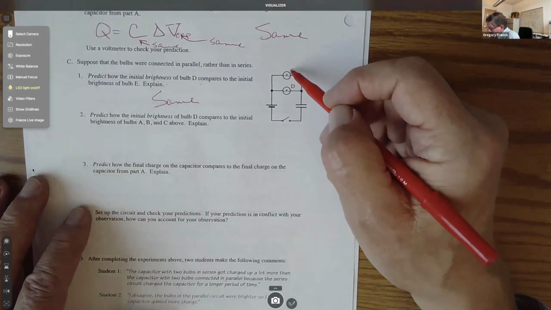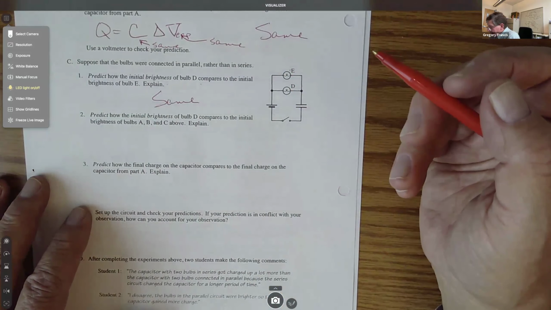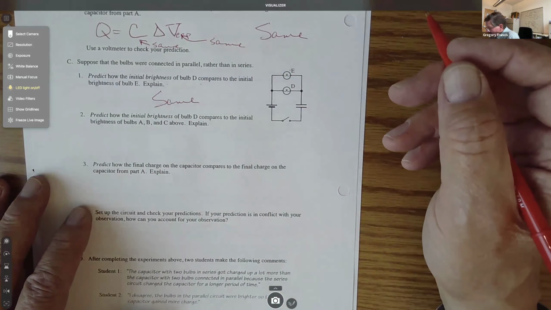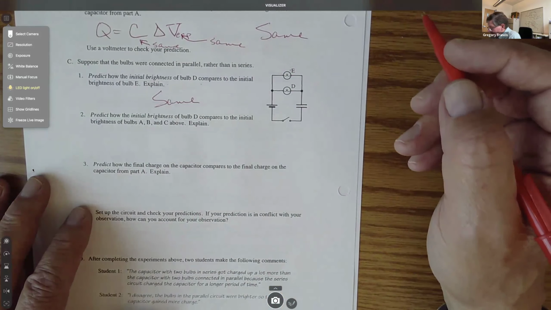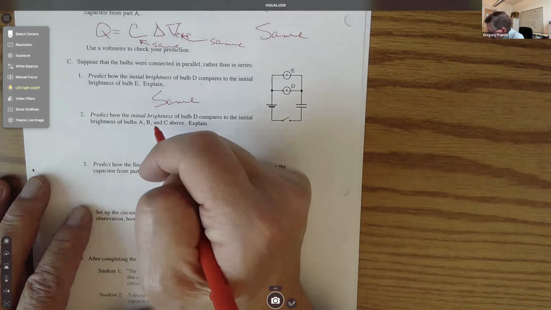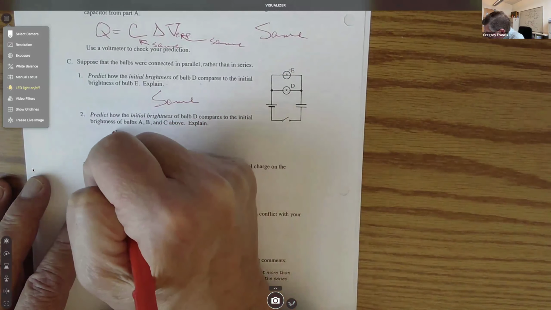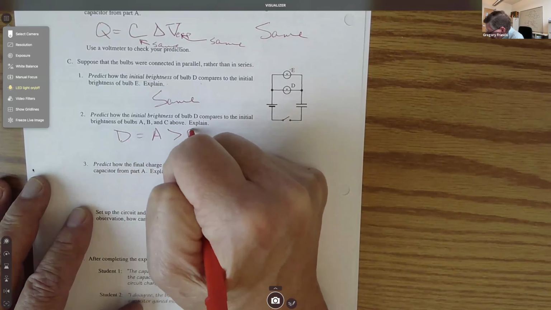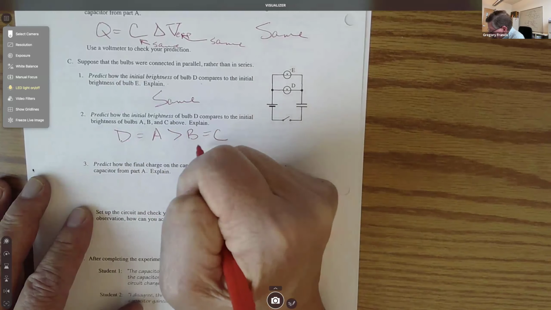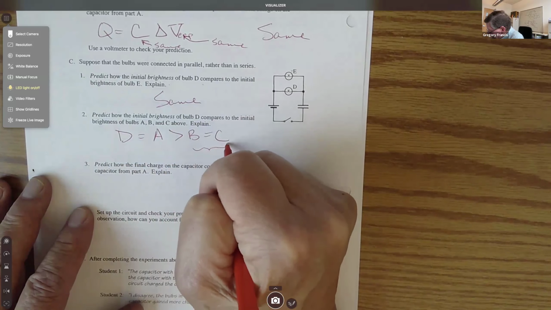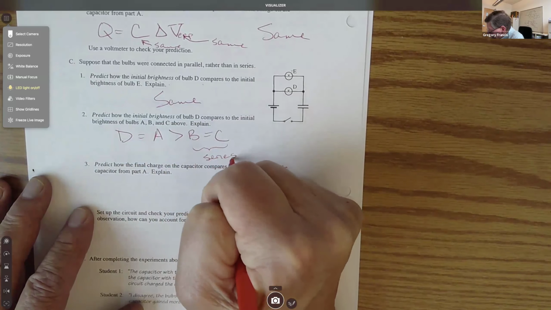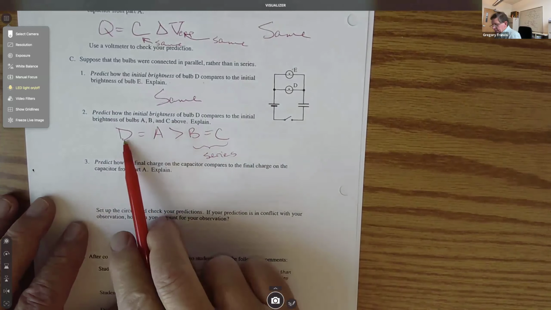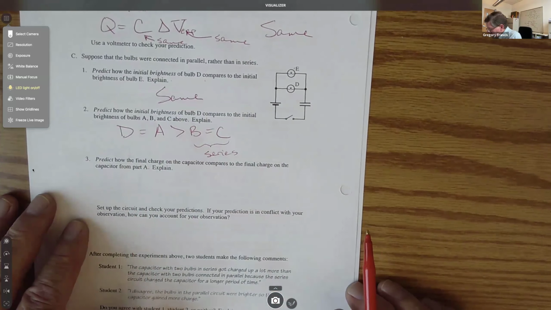We know that each of these bulbs is just as bright as a single bulb circuit. So D is going to be equal to A, and it's going to be brighter than B, which is equal to C, because these are in series, and these are acting like single bulb circuits.